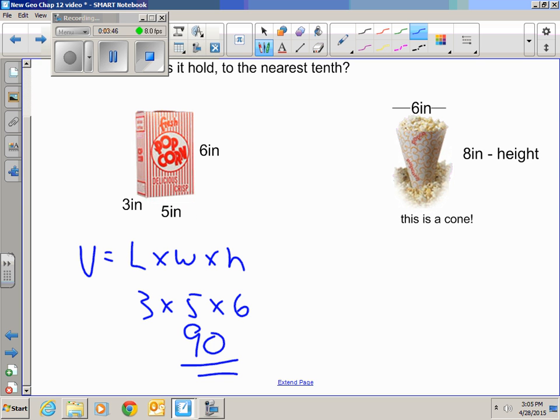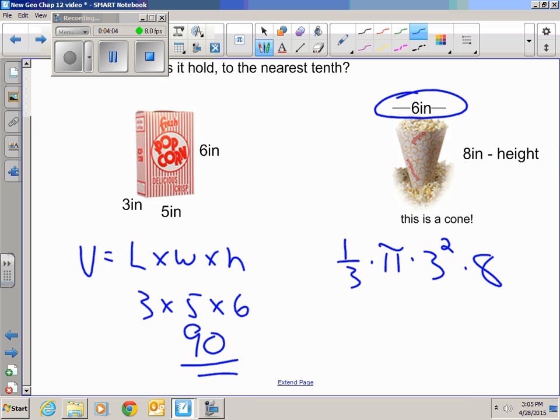The volume of this cone is 1/3 times the area of the base. Well, the area of the base is a circle, so that's pi times the radius squared. I have a diameter of 6, so the radius is 3, times the height, which in this case is 8.